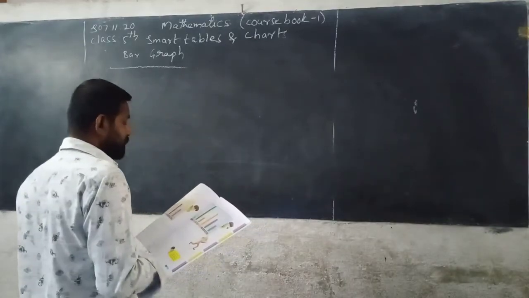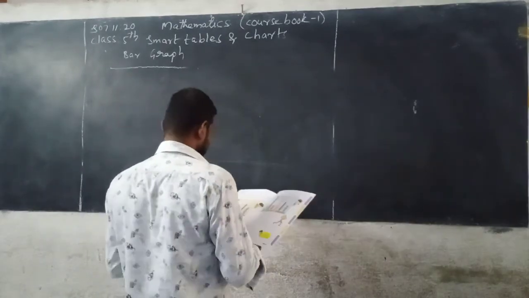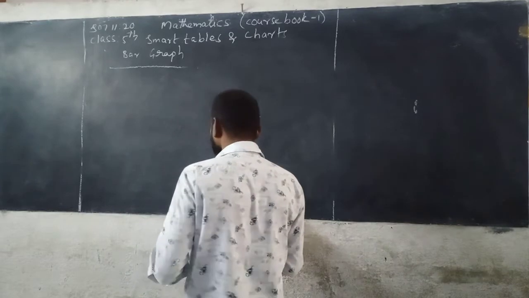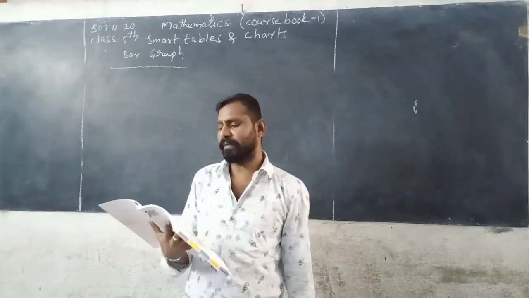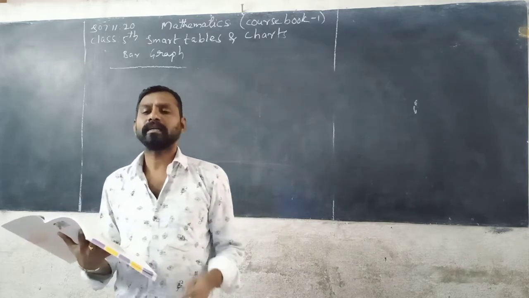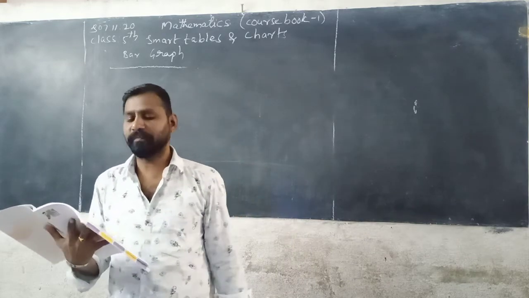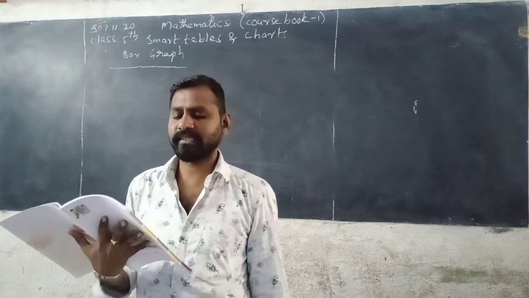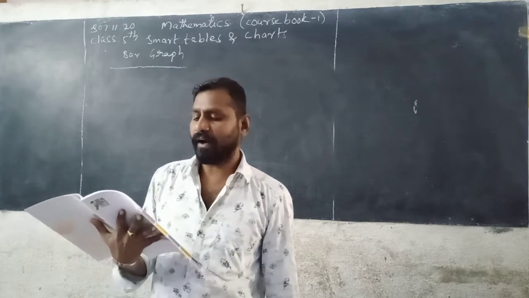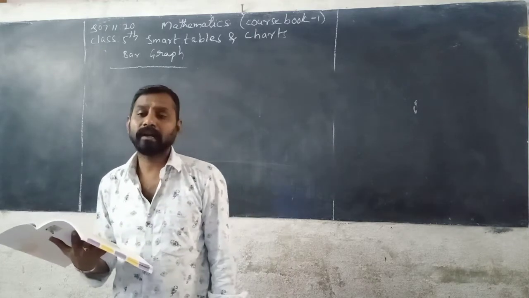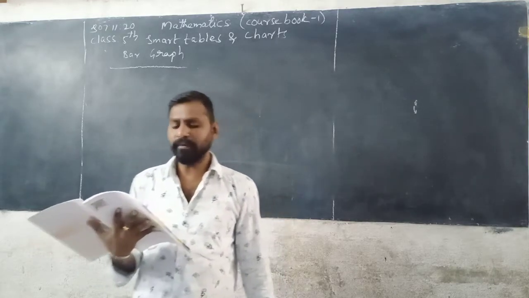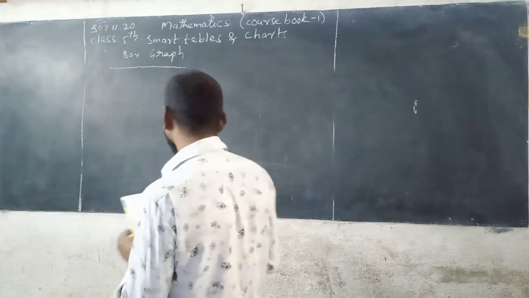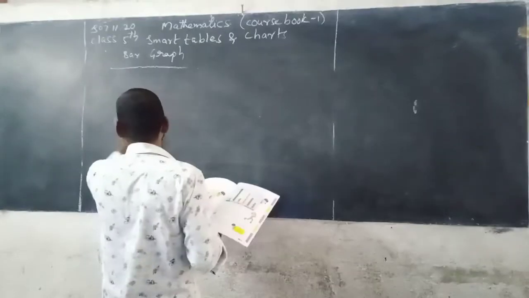Sometimes representing data using tally marks or pictographs can be time consuming. In such cases, bar graphs are used. So, let us see an example. So, this is the bar graph. Listen carefully. Now, I am drawing here.